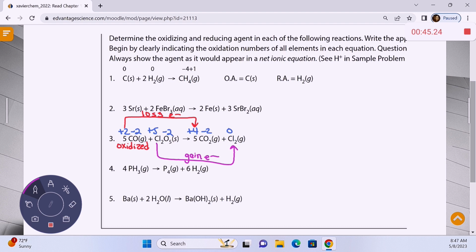So that means Cl2O5 is reduced. So if CO is oxidized, it's the reducing agent. I'm just going to abbreviate it, RA. Cl2O5 is reduced, so it's the oxidizing agent, or OA. Make sense? You have 3 attempts on your homework. It's unlocked.